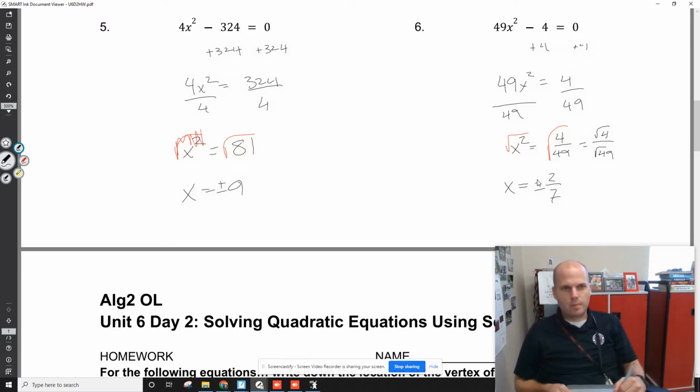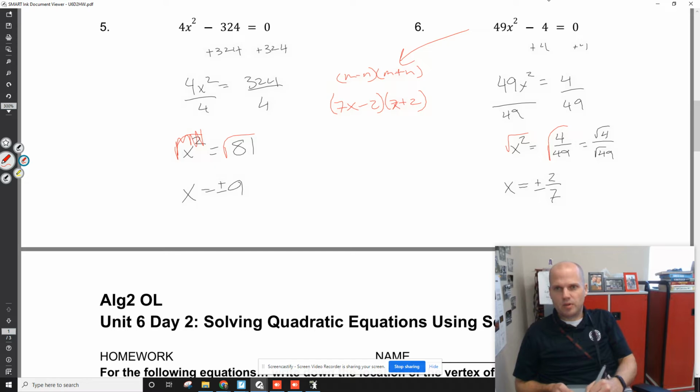Okay. Remember factoring? Let me just show you factored here. It's the whole m minus n, m plus n, as long as we know what squared gives 49x squared: 7x, 2. Remember doing that, factoring that?